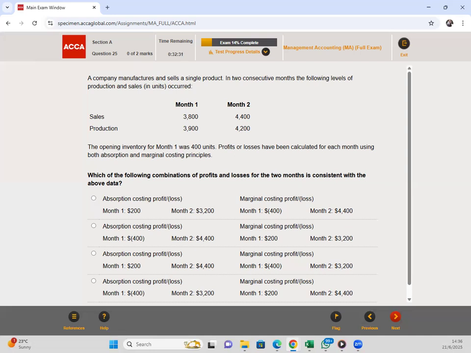So if you started with 400 and you produced 390, how many units did you have in total after that? 790. And then you sold 380. So how many did you remain?